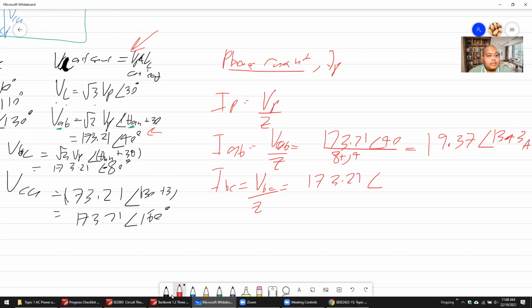IBC is, you get VBC divided by Z, 173.21 angle, this one negative 80 degree divided by 8 plus J4. So 19.37. Okay, the current always the same because this is a balanced load. Only the angle changes.